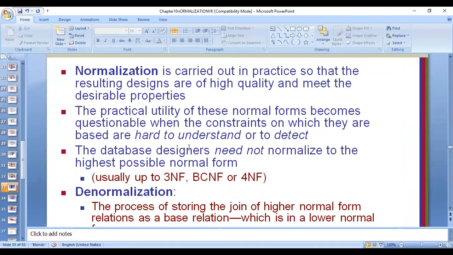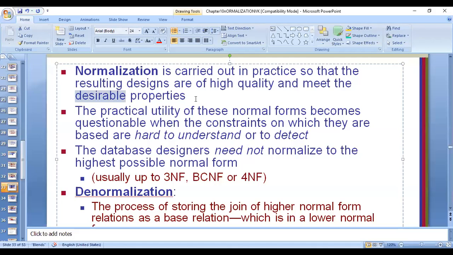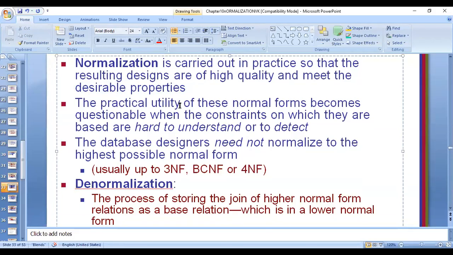So let us go to the next detail of normalization. Normalization is carried out in practice so that the resulting designs are of high quality and meet the desirable properties of an ideal relation. Clear? The practical utility of these normal forms becomes questionable when the constraints on which they are based are hard to understand or detect. Anyway, you need not bother right now about this point.